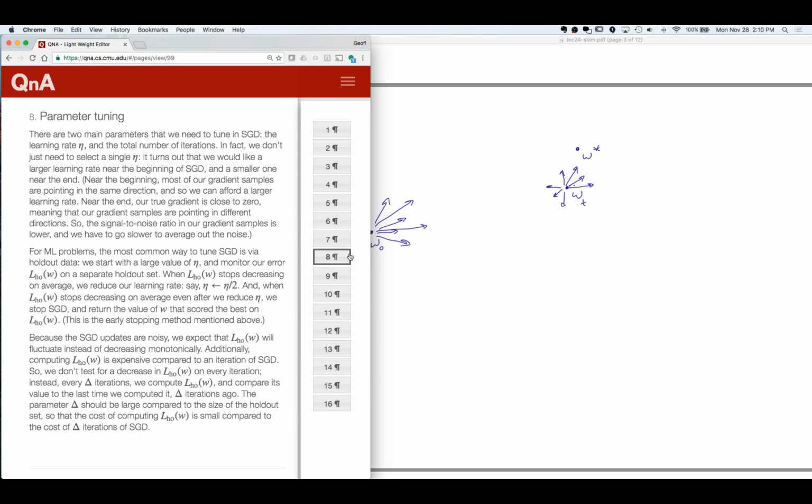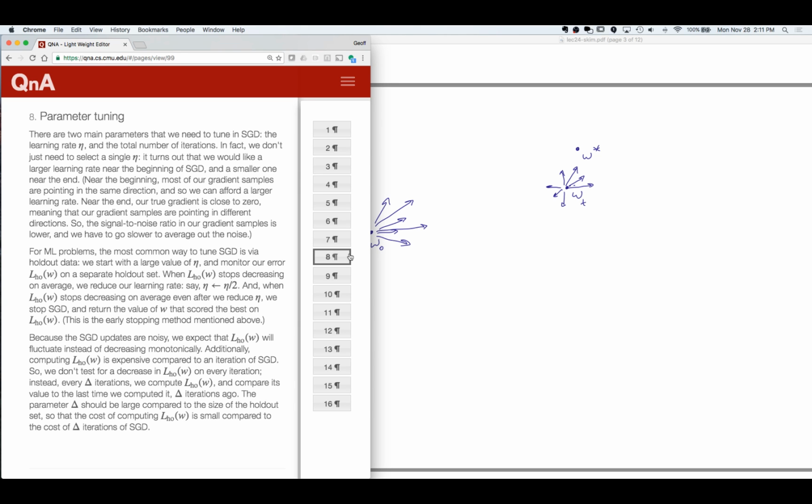All right, so to summarize, in order to run stochastic gradient, what we do is we initialize W to something reasonable, maybe to all zeros or to a vector of small random numbers. We initialize our learning rate to something that makes eta times the norm of the gradient be a reasonable value, say 1 or 0.1.